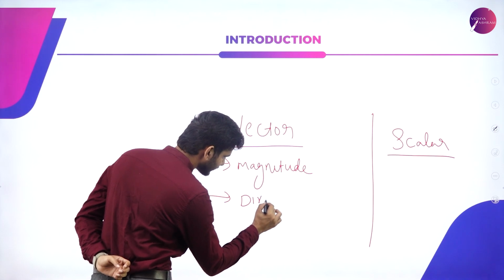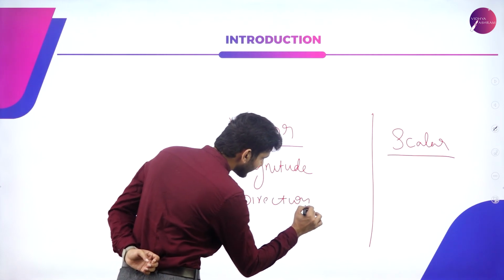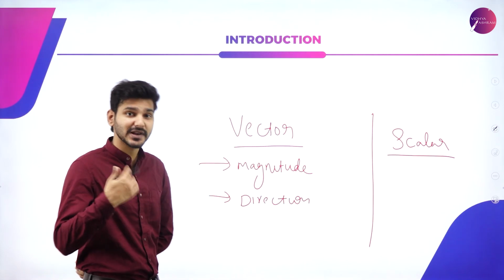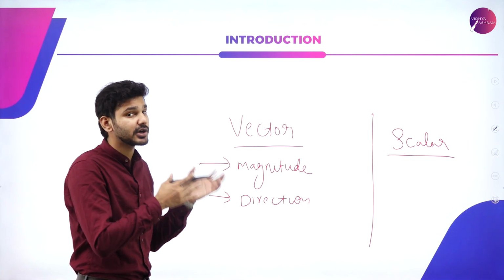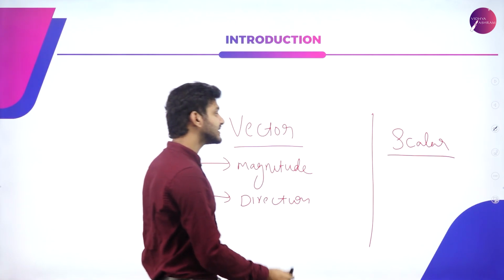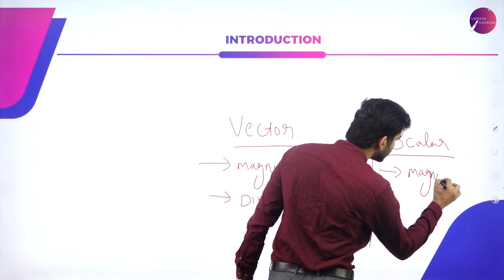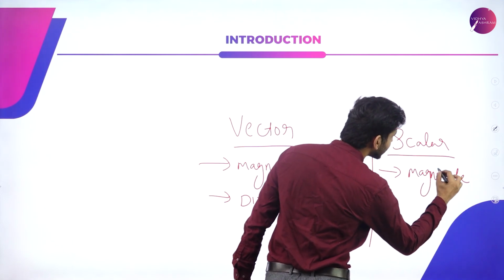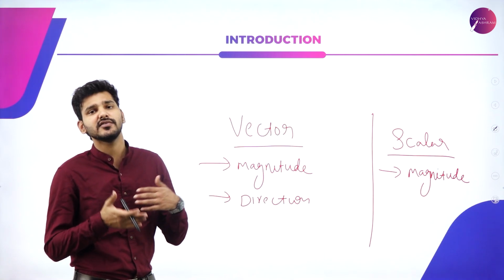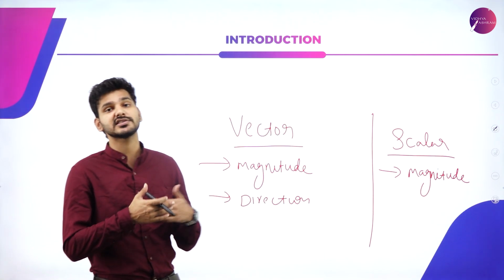Vector quantities will have a magnitude, plus there will be a direction for that particular vector quantity, and scalar quantities will only have magnitude, that is a face value, but won't have any particular direction. That was the definition we knew till date about vectors and scalars.